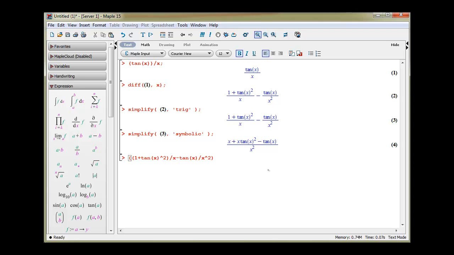So the function that I came up with, I'm going to subtract out, was x secant squared. Now this is kind of tricky. This is going to be secant of x quantity squared, minus the tangent of x, all in the numerator, divided through by x squared.